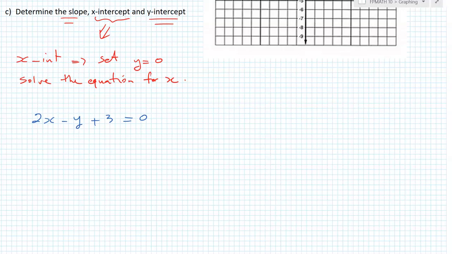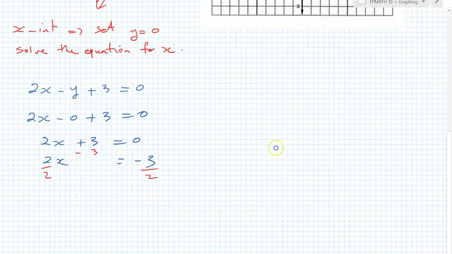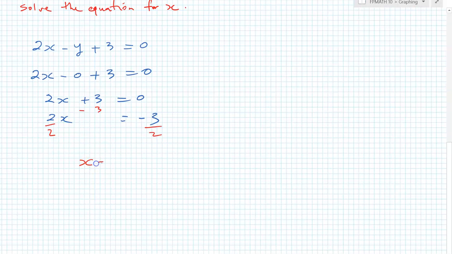In here we're going to set y equal to 0, so this would be 2x minus 0 plus 3 equals 0. 2x plus 3 equals 0, and then we have to solve for x, and you know how to do that quickly. Subtract 3 from both sides, and then the last piece, divide both sides by 2, the coefficient of x, and you will end up getting negative 3 over 2.